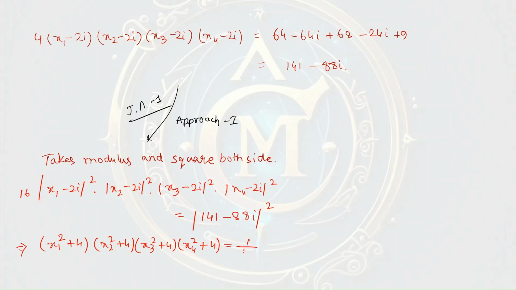So this will be 1 by 16 into modulus of this. If you calculate, this becomes 144 square plus 88 square. So overall the whole expression becomes 125 over 16 m as stated in the question. So if you calculate from this, the value of m comes out to be 221.